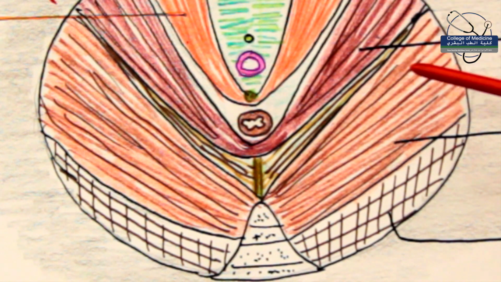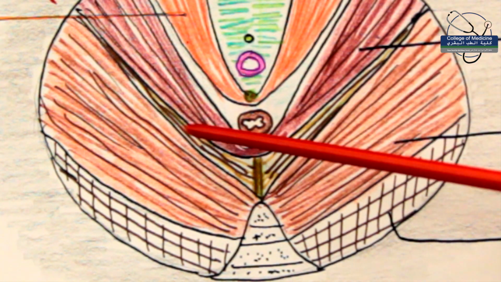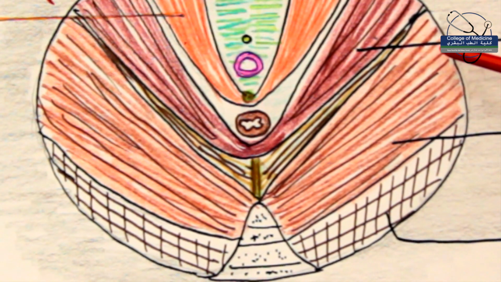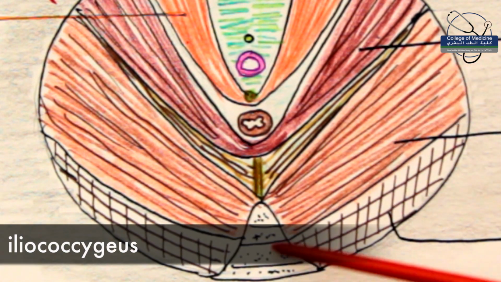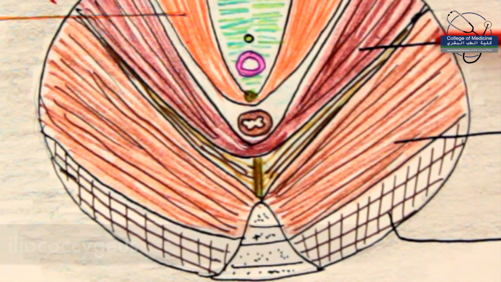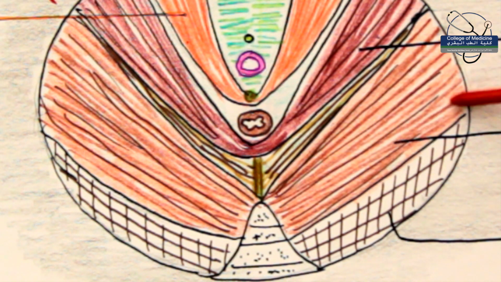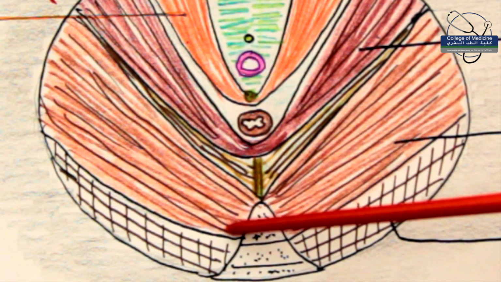Okay. Then there is a triangular gap between the puborectalis and another component of the levator ani, which is known as iliococcygeus, because this is the region of the ilium bone. Okay, this was the pubis, and this is the ilium. So the iliococcygeus is the muscle which is originating from the part of the tendinous arc close to the ilium, and inserting over the sides of the coccyx.